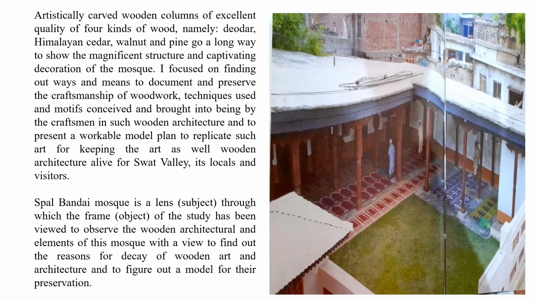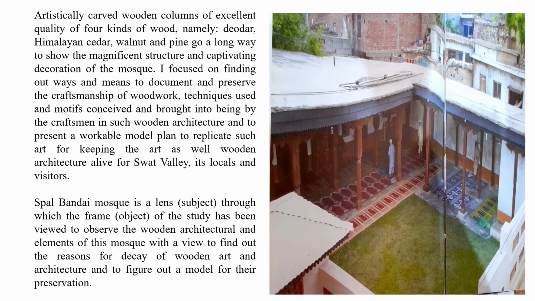Artistically carved wooden columns of excellent quality of four kinds of wood, namely deodar, Himalayan cedar, walnut, and pine, go a long way to show the magnificent structure and captivating decoration of the mosque.